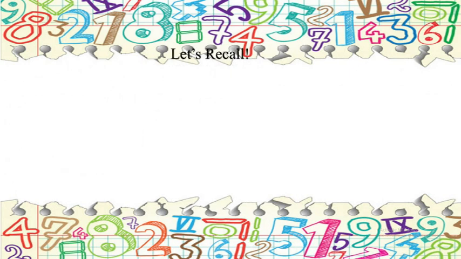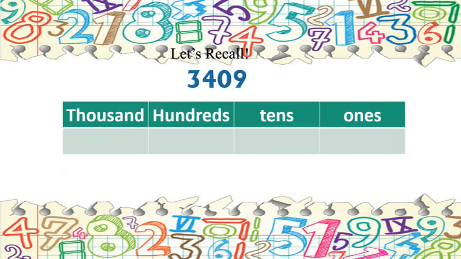It can also be written in the place value chart. Like this: 3 in the thousands place, 4 in hundreds place, 0 in tens place, and 9 in ones place.